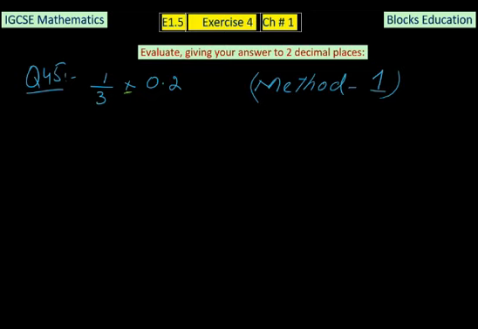So method number 1, it says 1 over 3 multiplied by 0.2. In method number 1, what we're going to do, we will change 1 over 3 into decimal, and then we multiply the 2 decimals to obtain a decimal number up to 2 decimal places. So let's convert this fraction 1 over 3 into decimal. So 1 will be kept inside, 3 is outside.